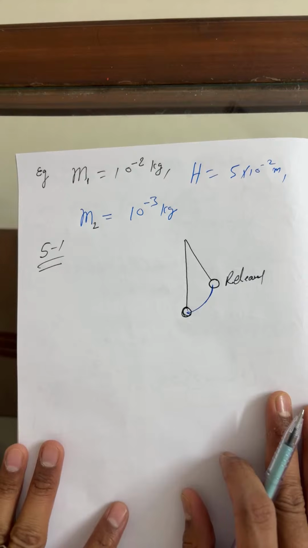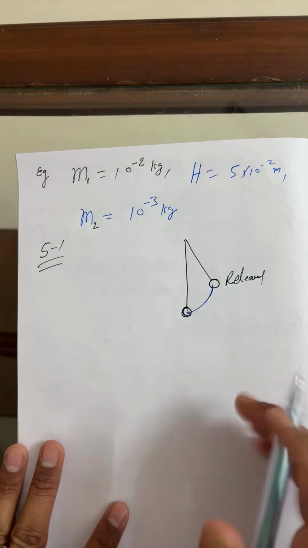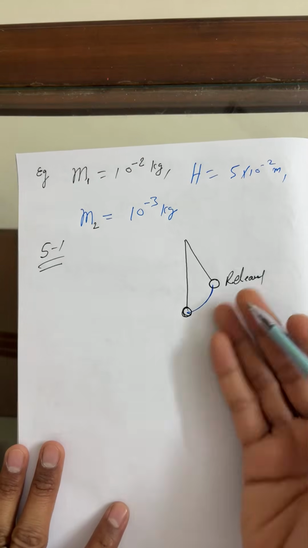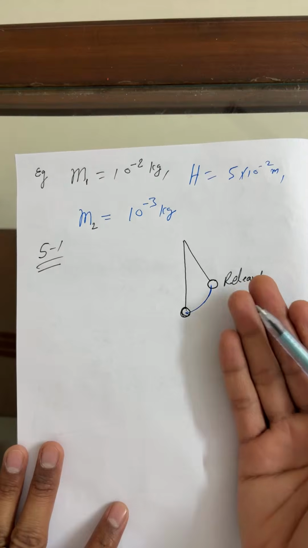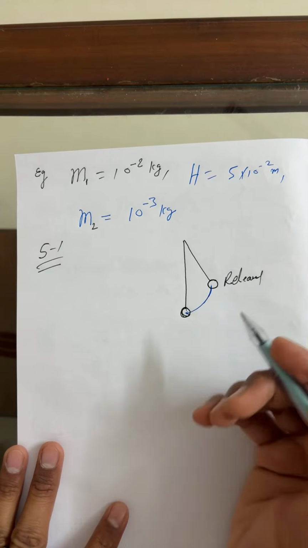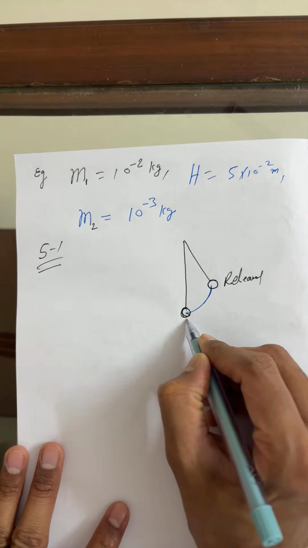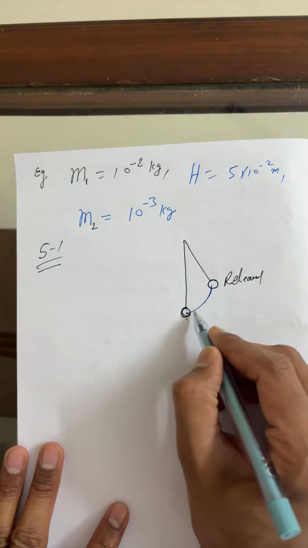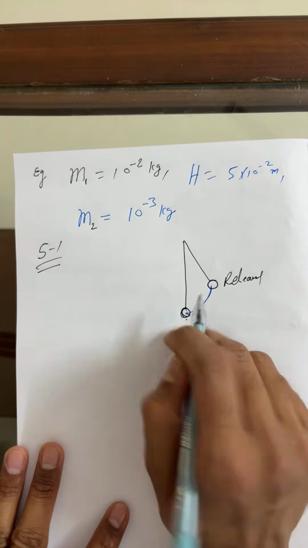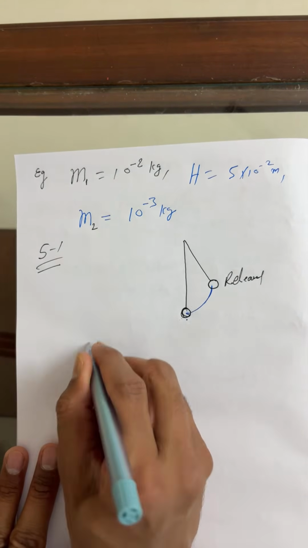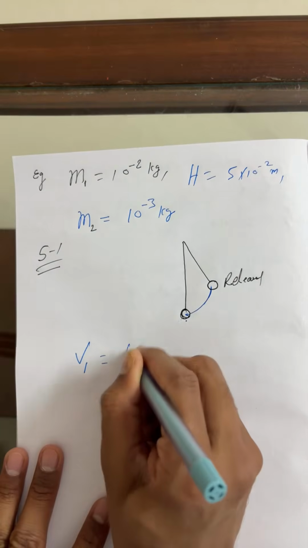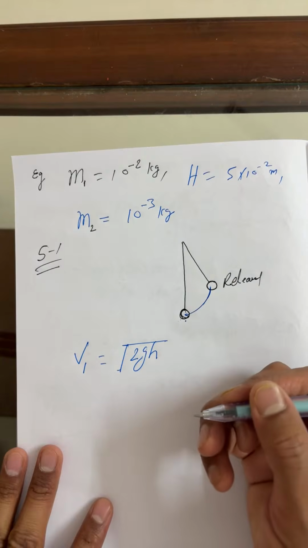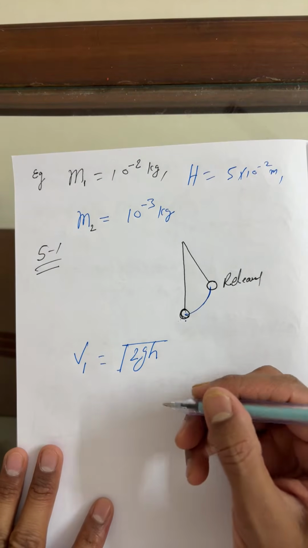The velocity of the pendulum bob at the bottommost point: you release it from here only, so kinetic energy is zero and the particle has potential energy. This energy is converted into kinetic energy, so we apply energy conservation from this point to this point to get v1. v1 equals root of 2gh, the velocity of the pendulum bob at the bottommost point.